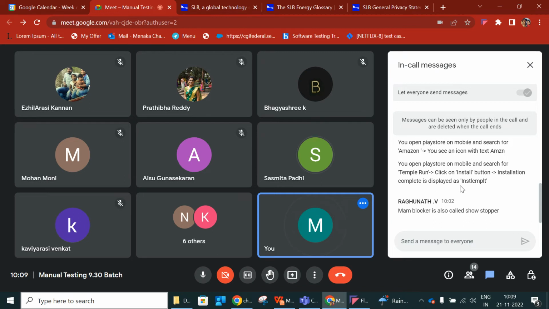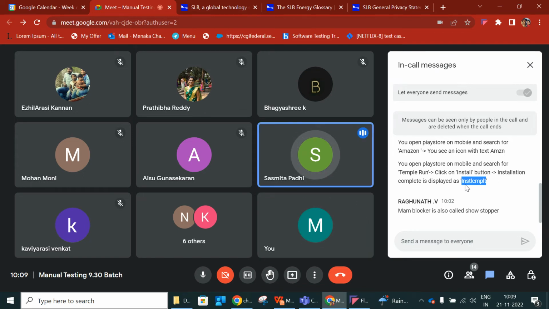But it shows the installation complete text message only. It is just a spelling mistake. It is nowhere affecting your feature, your functionality, or your business. So it will fall under low severity, low priority.